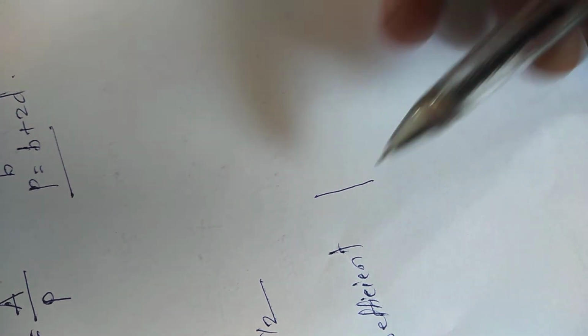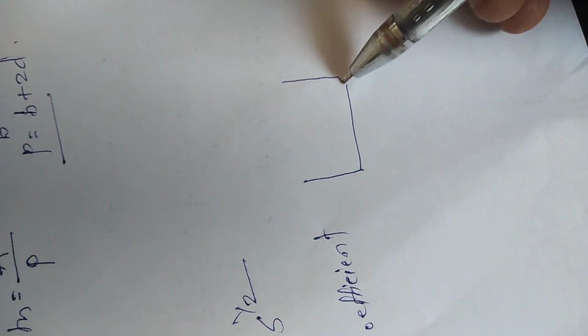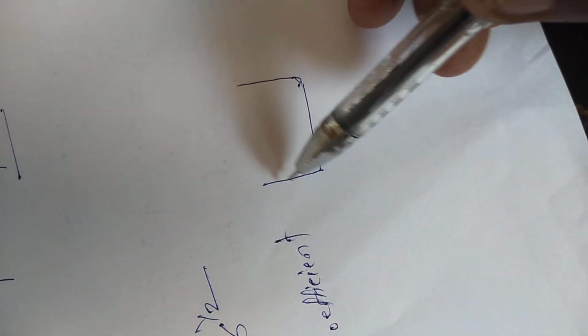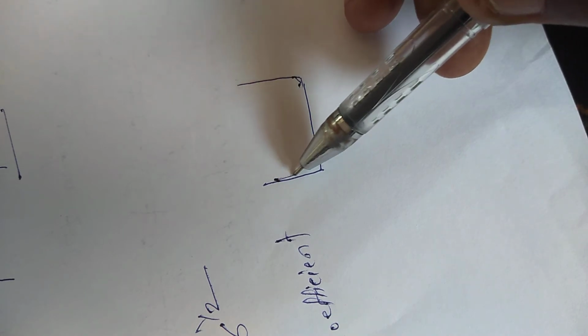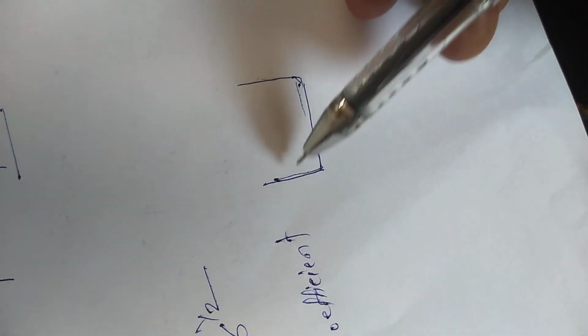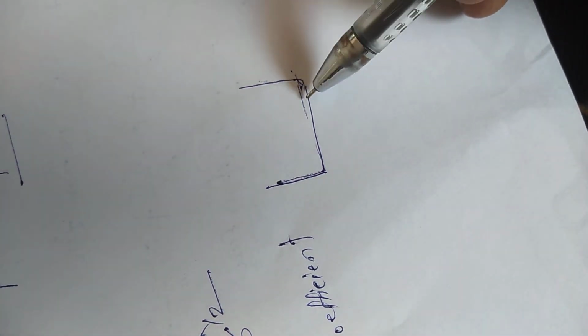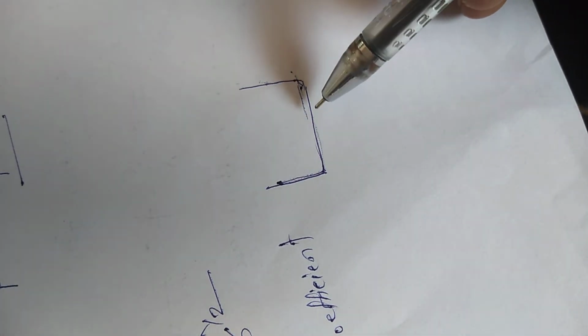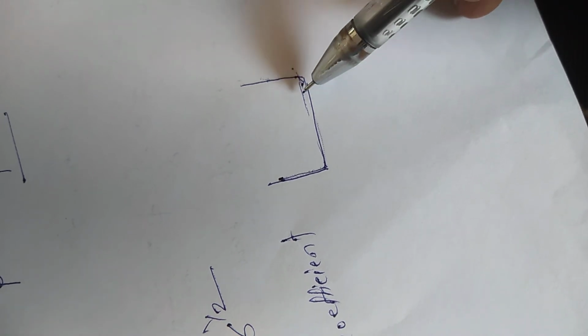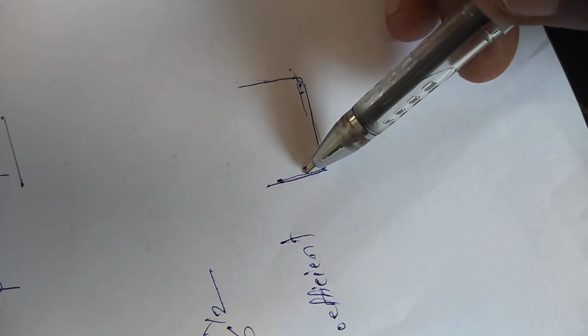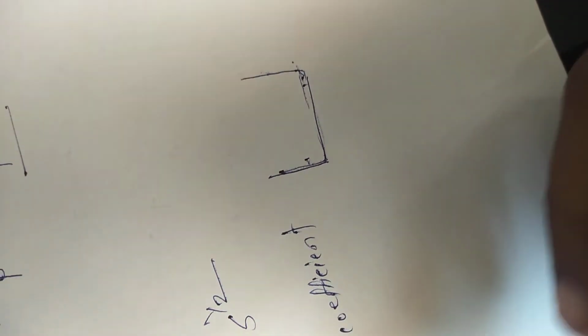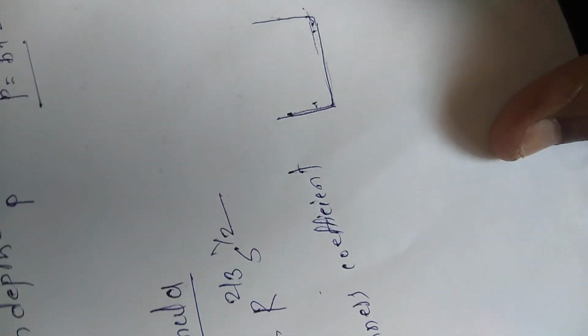Lining means, for example, in a rectangular channel, the inner part may be a concrete surface, brick lining or stone lining. Different materials are used, so the roughness coefficient depends on them.